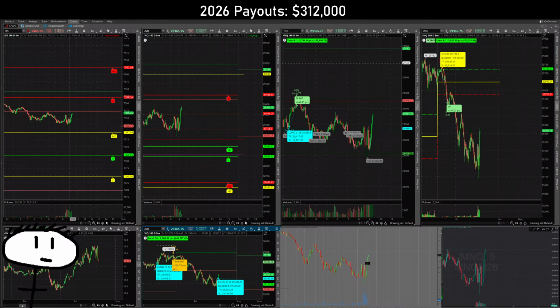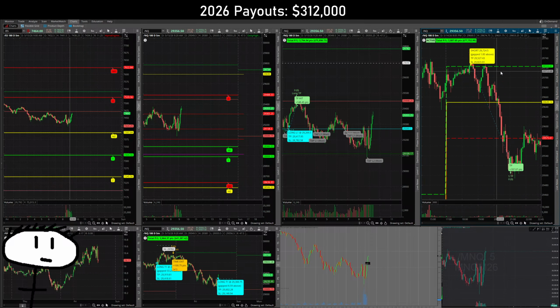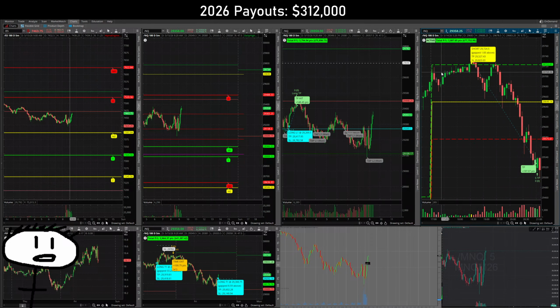Where's fourth chart's possible entry? The one that shorted, the entry was 29724. And these lines are calculated right at Globex.